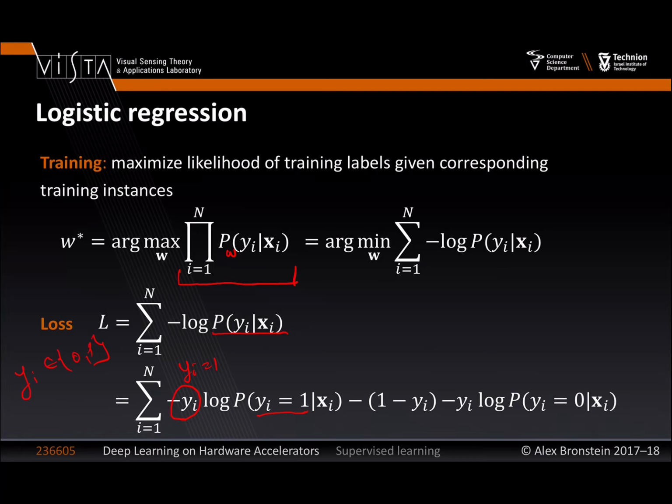And for this other term, whenever y_i equals 0, this term will stay, and otherwise it will vanish. If you just do the math, plugging in this expression for the cases y_i equals 1 and y_i equals 0, you will get this expression that I wrote here.